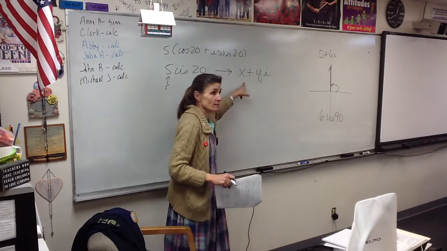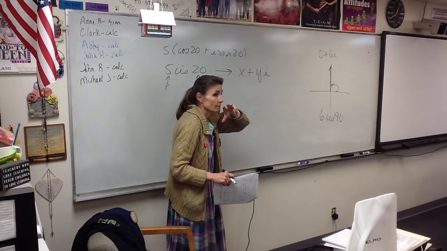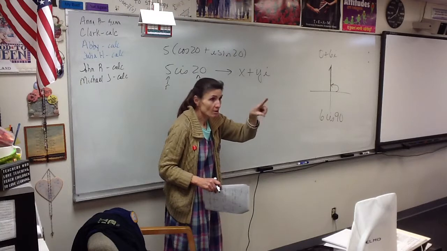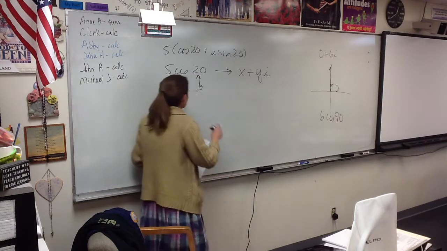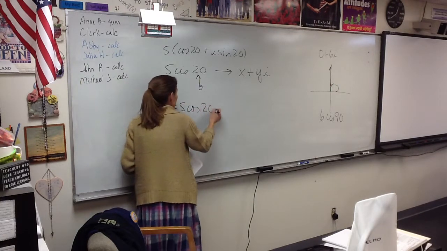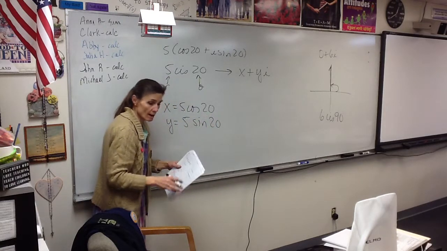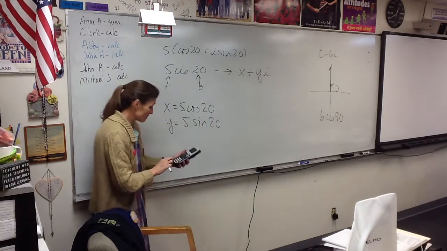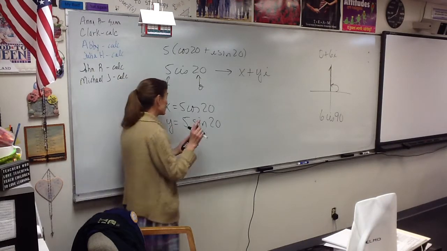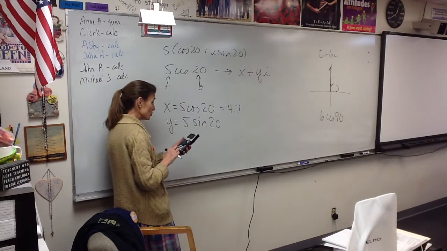How do you find x and y? We've already talked about it this morning. The cosine and sine. R cosine theta, R sine theta. So to find the x, I will take R cosine 20, and R sine 20 to find y. I will simply type them into my calculator. 5 cosine 20, please be in degrees. 5 sine 20.